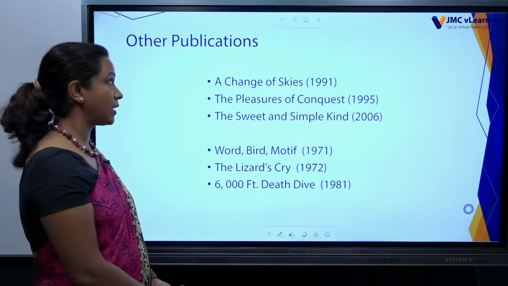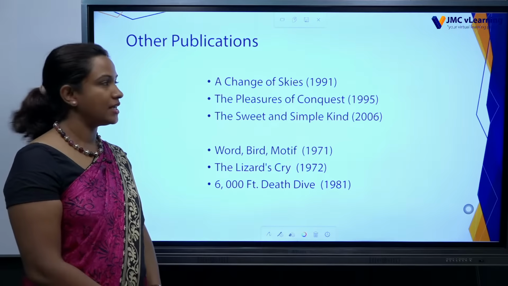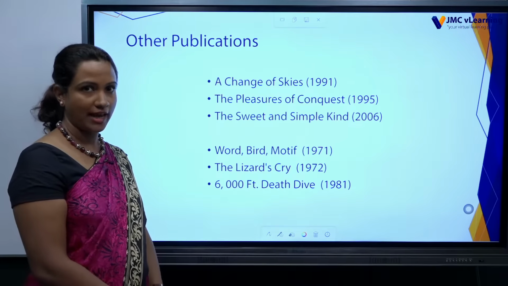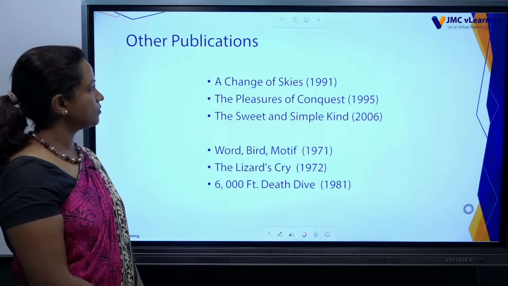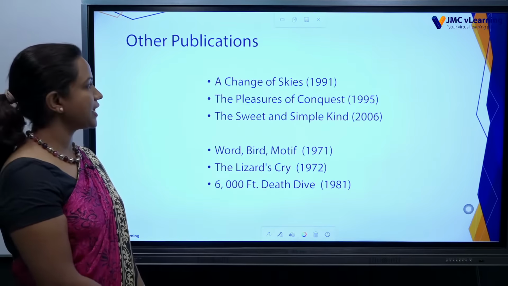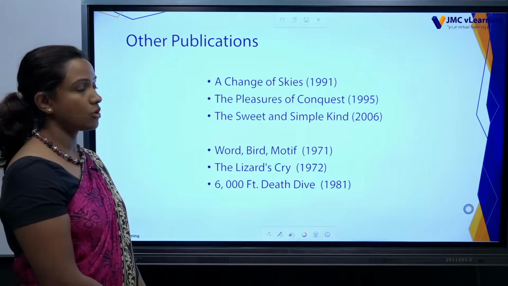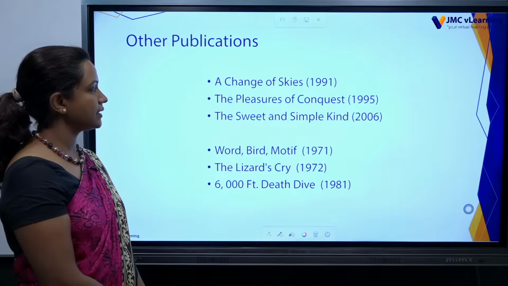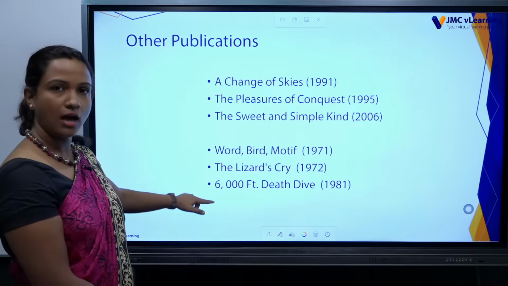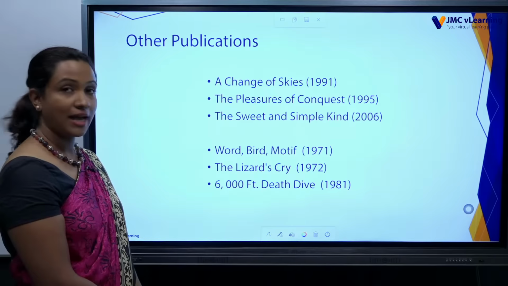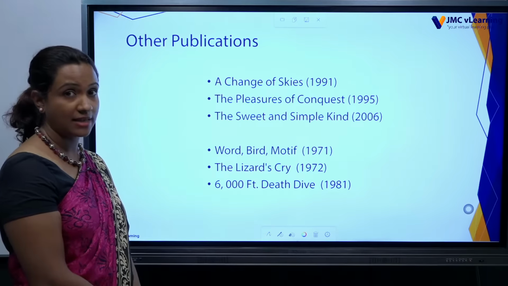These are her other publications. If you are interested, you can actually read them. They might be available at the library as well. The first one is A Change of Skies, written in 1991, The Pleasures of Conquest, and The Sweet and Simple Kind in 2006. She also worked as a poet, and she has been working as a novelist.